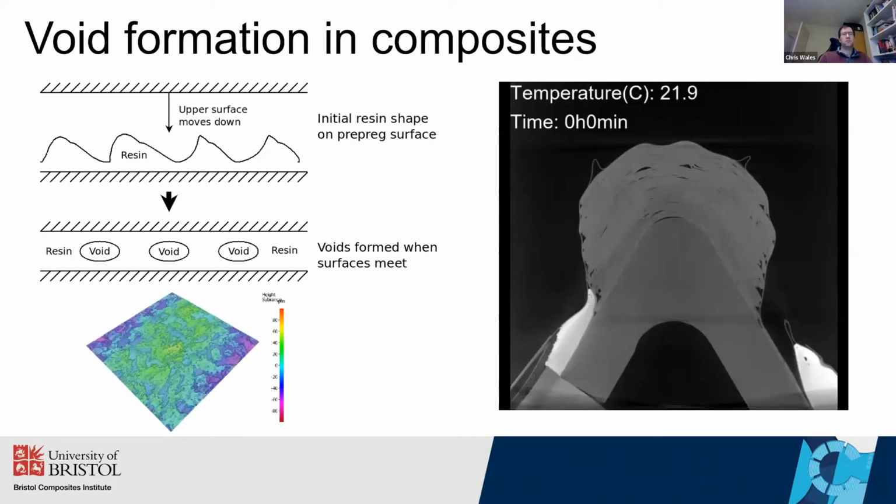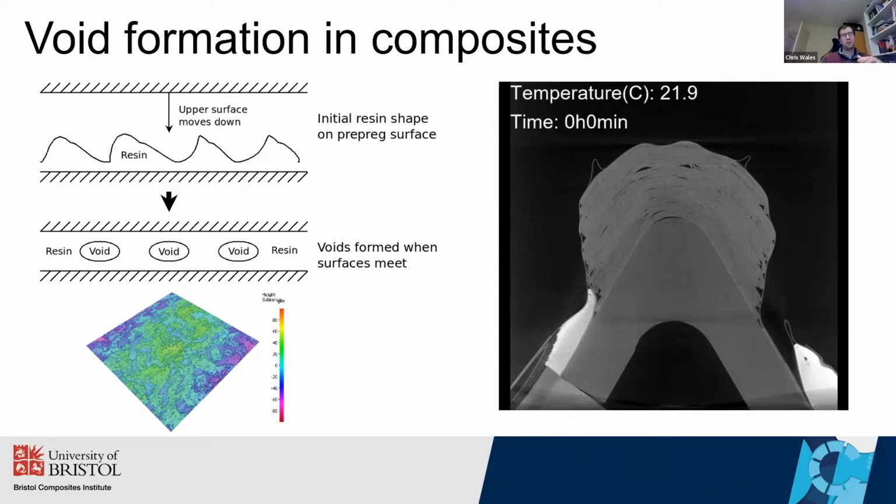There are a few different ways voids form in composite processing. The main one we'll initially be looking at is interlaminar void formation.